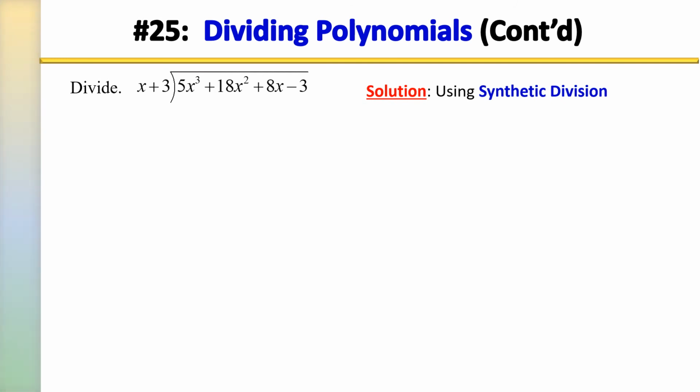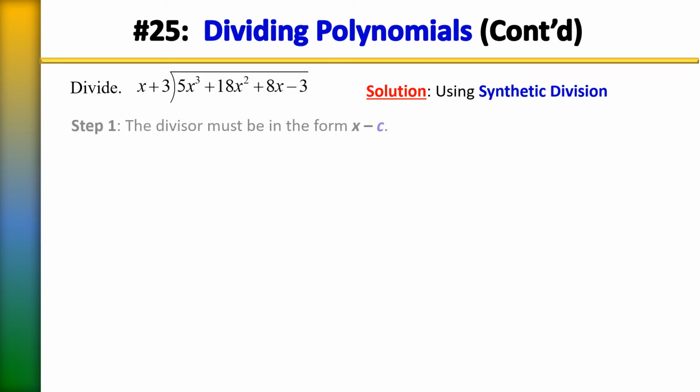All right, so number 25, using the synthetic division method, which is just simply a shortcut method preferred by most students. With this method, the first thing you're going to do is write your divisor in the form of x minus c. So this is our divisor right here, and right now I have x plus 3.